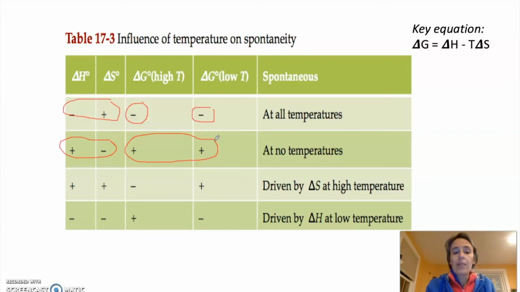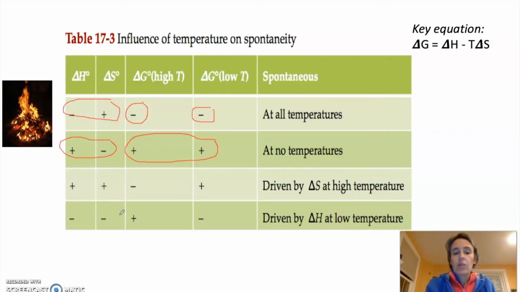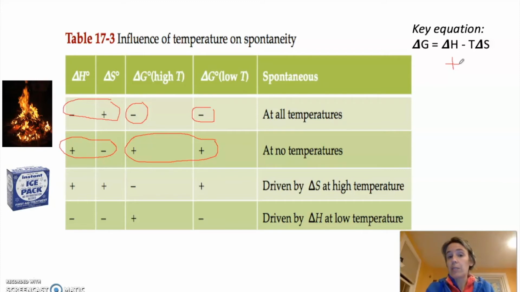But if we have either both positives or both negatives, then the reactions may be a little bit more complicated. So let's say we have an endothermic reaction, a positive value for delta H. A good example here is one of those instant ice packs. You shake it or squeeze it and it gets cold. That's endothermic because it's absorbing the heat from your hand.